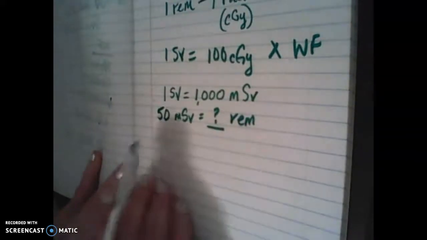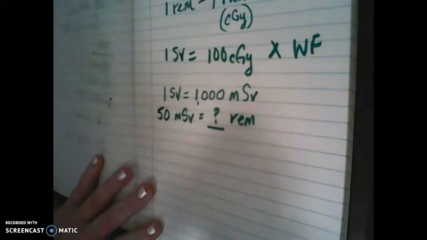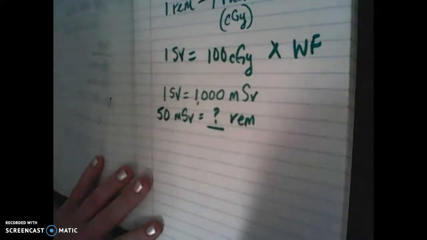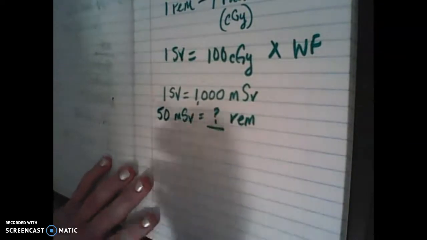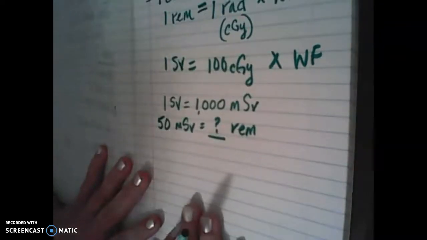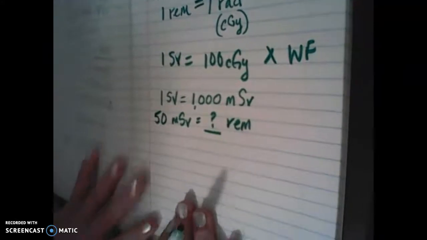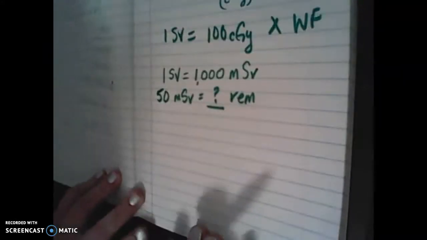So let's keep in mind that we're just going to go with the fact that our weighting factor is 1. So we're either talking about photons or electrons, just to keep things simple here. I just want to show you the relationship in size of these two things.